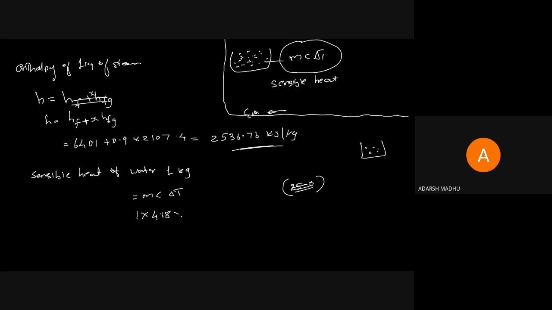So mc into delta T, where delta T means 25 degrees Celsius, 25 minus 0, that is 104.5 kilojoule.